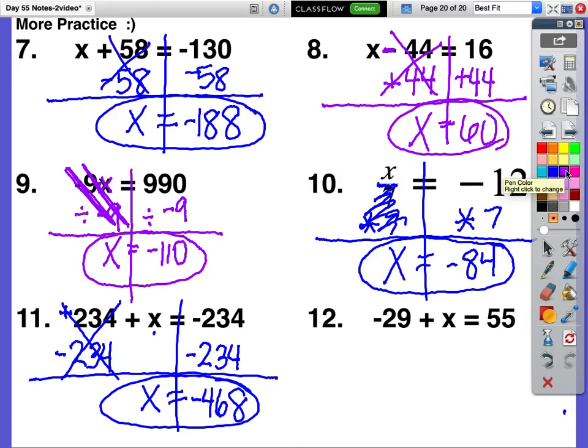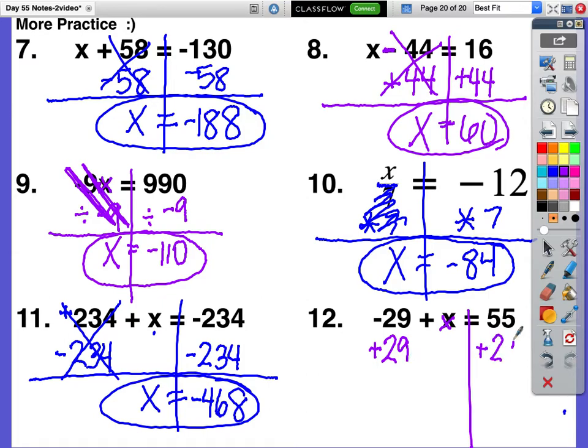All right, our final problem, number 12. Negative 29 plus x equals 55. We're going to divide our equation into two sides, and we find our variable, which is our x, and this negative 29 is being stuck to it. Now, to be able to get rid of it, we need to do the opposite or the inverse of a negative 29. So that means I'm adding 29 to the left side.